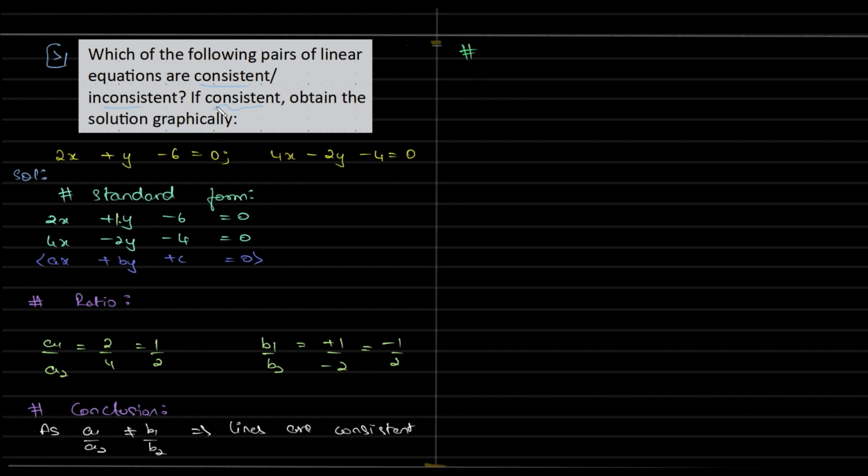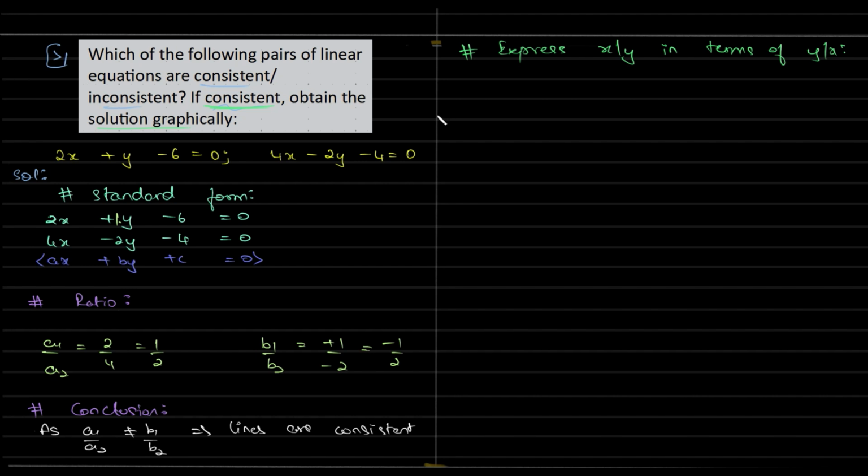Now we found that the lines are consistent. If so, we have to obtain the solution graphically. To obtain anything graphically, we need to express x in terms of y, if not y in terms of x.